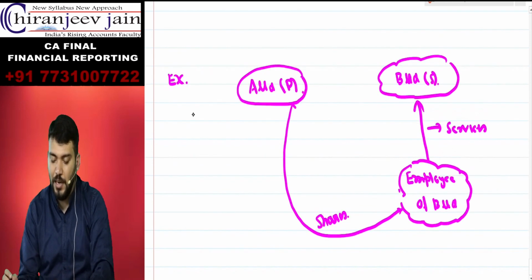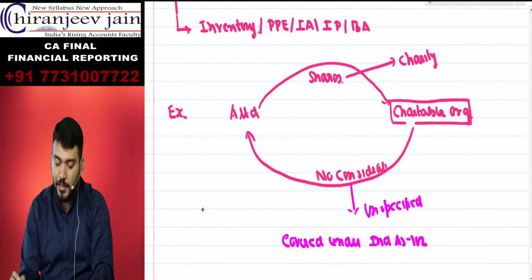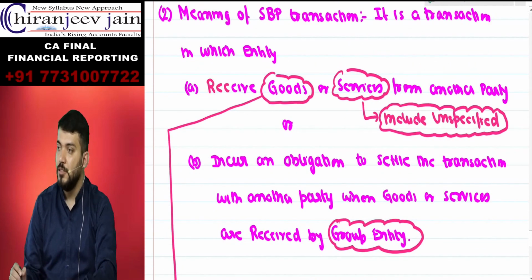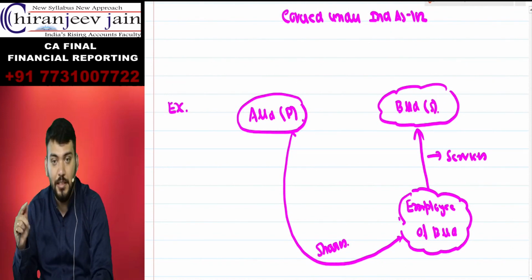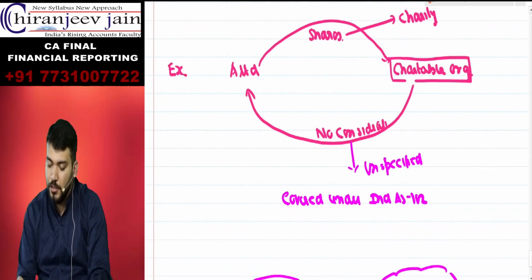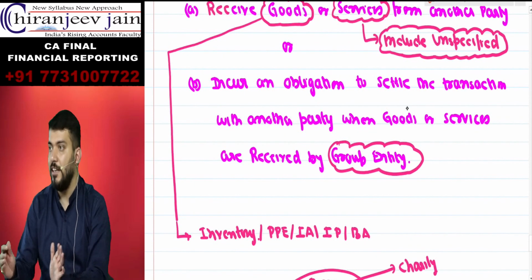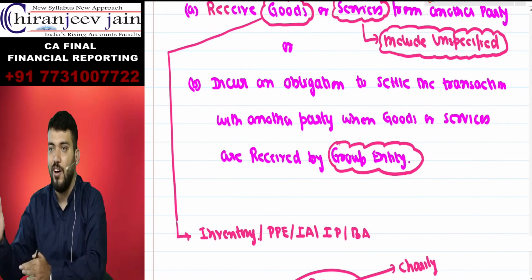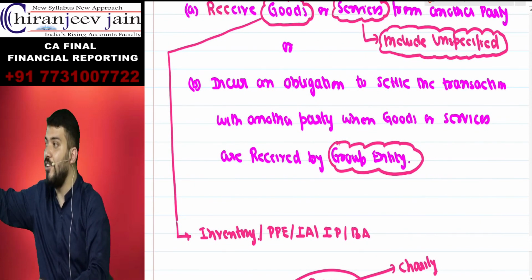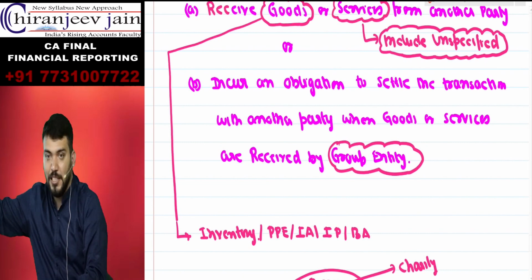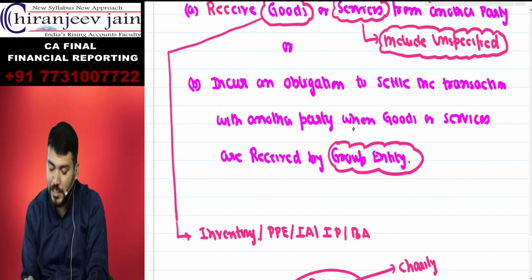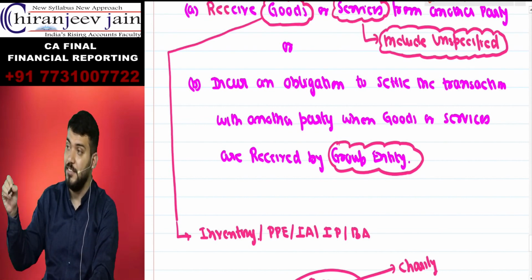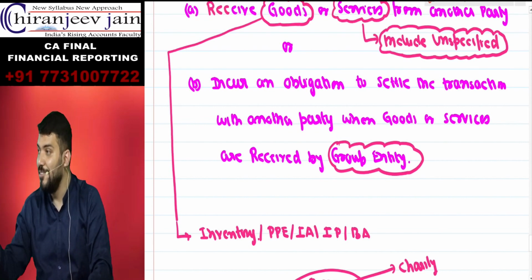Now if you read, you will understand what they want to say. He incurs an obligation. So here A Limited incurs an obligation to settle a transaction in the form of equity shares or cash, which is based on the price of shares, with another party when goods or services are received by the group entity.